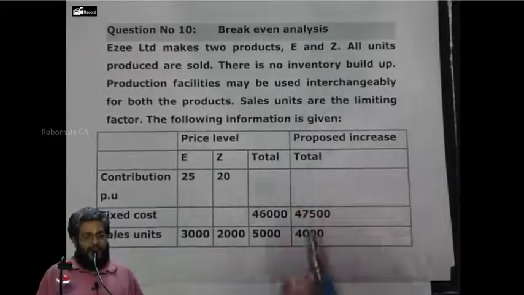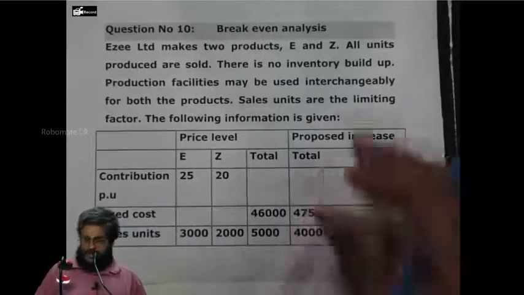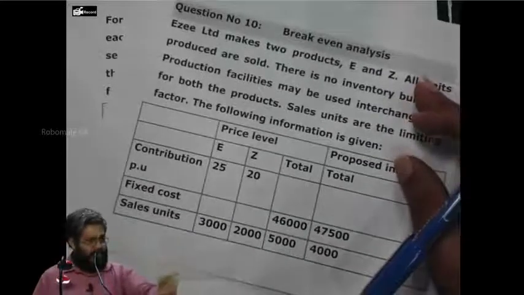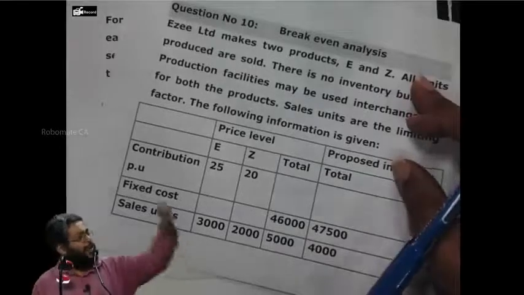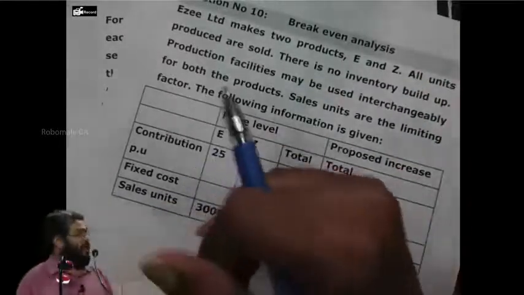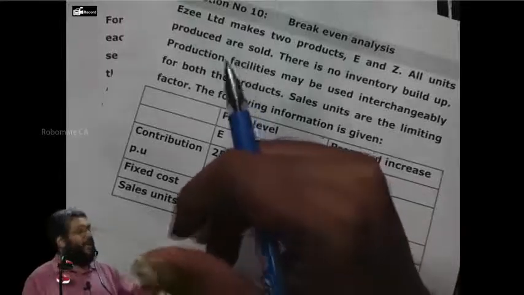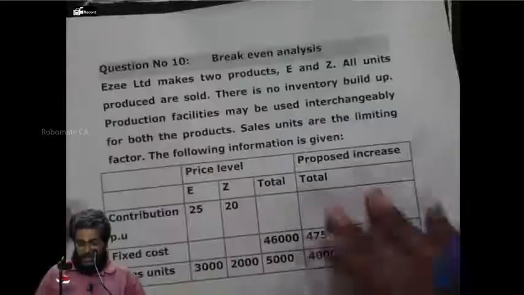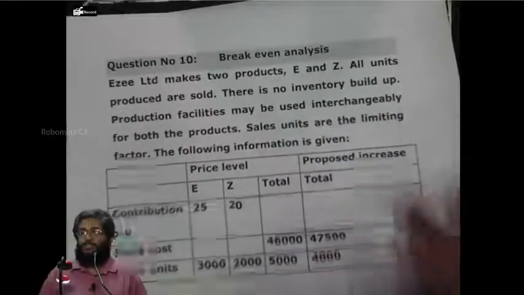How many should I sell to recover this 47,500 is the next question, where you need not follow the 3:2 ratio. You can follow any ratio you want. They are giving you liberty to sell in any ratio you want. The present sales mix is maintained, but above that you are allowed to follow any ratio you want. So for this 47,500 for the new capacity, what should be the recovery?